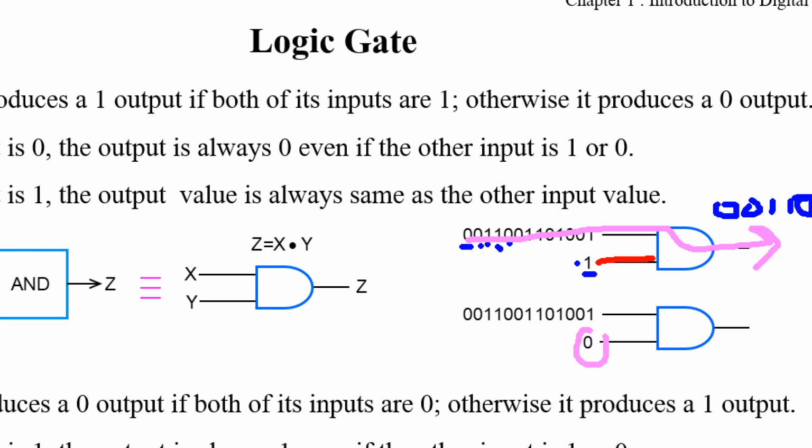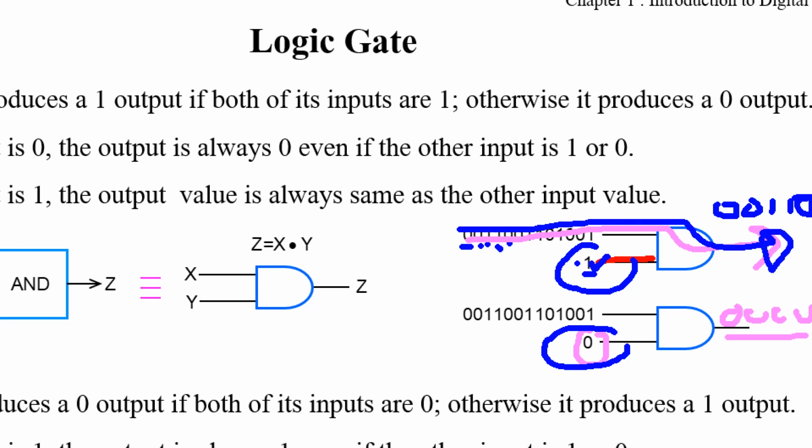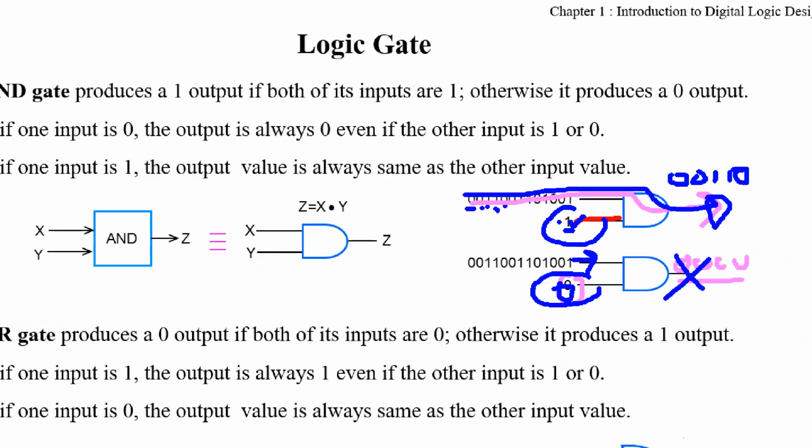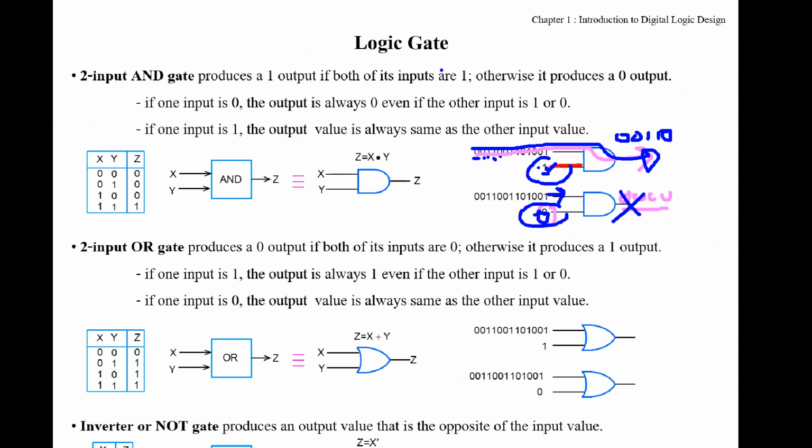But if this input is 0, the output is 0 regardless. So this acts as a gate, controlled by this input value. If this input value is 1, the input can flow to the output. But if this input is 0, this input sequence cannot go to the output. So it's called a logic gate with the condition AND.